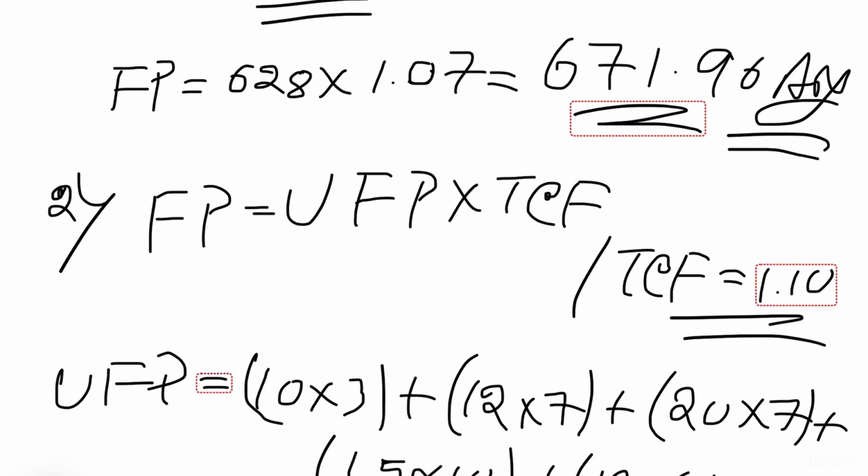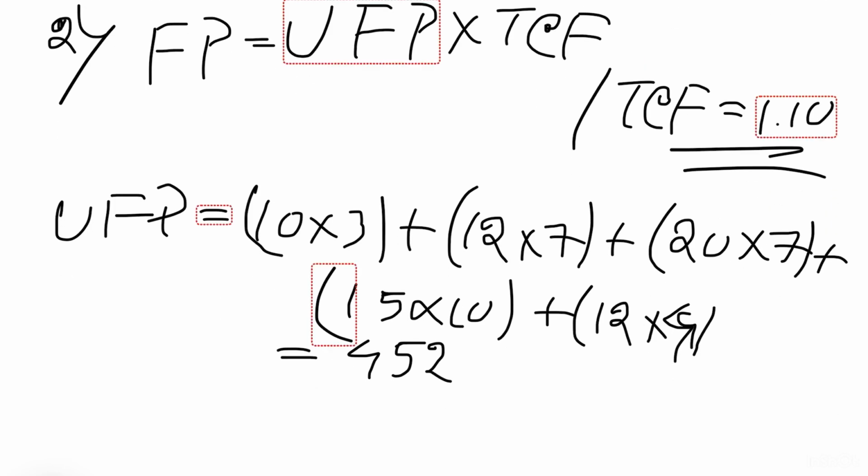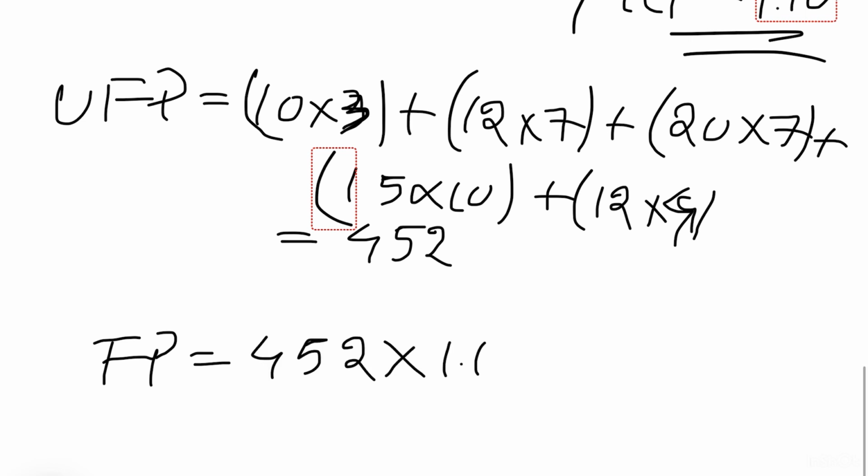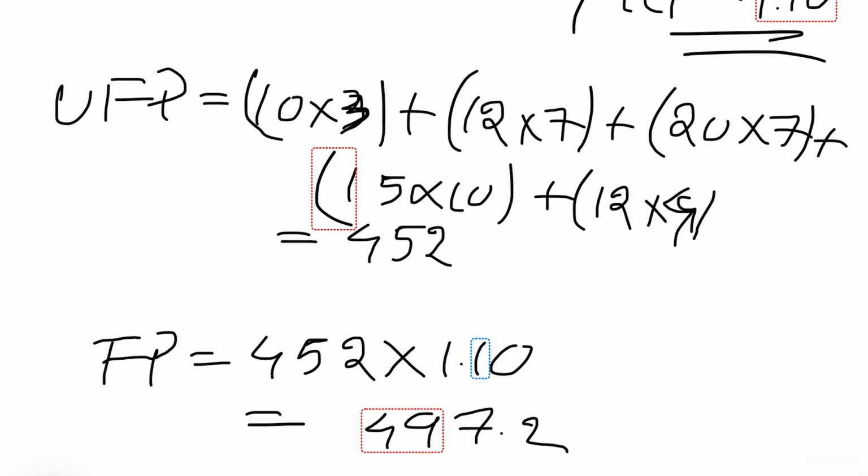That gives us 452. So our function points are 452 multiplied by 1.10, which gives us 497.2. So this is our answer.